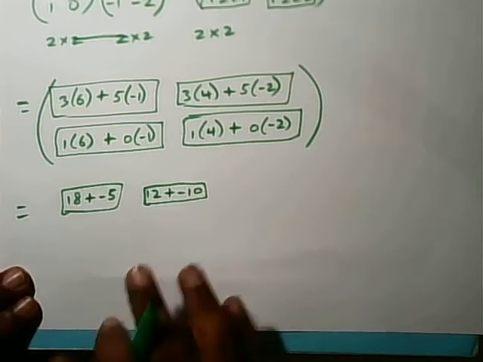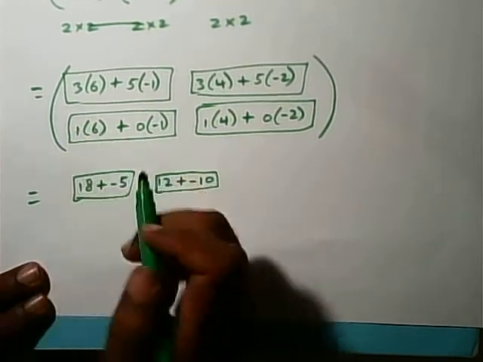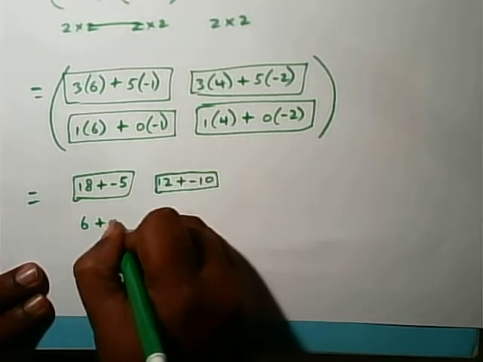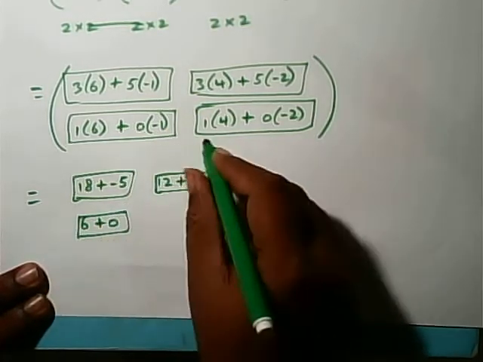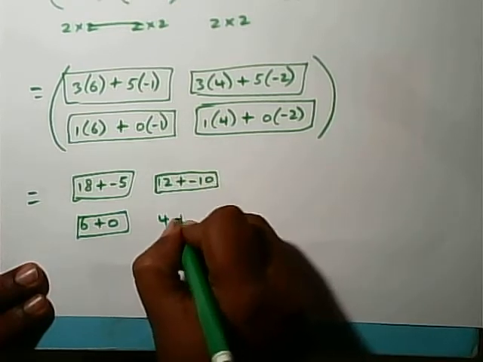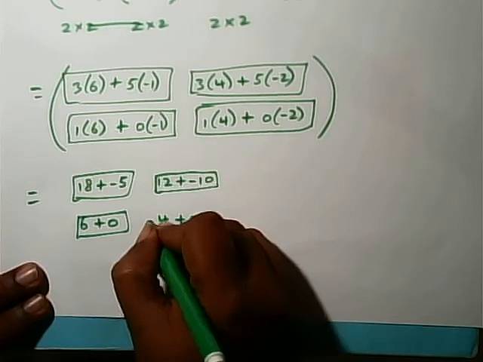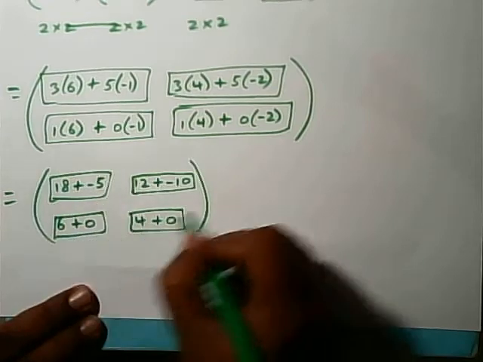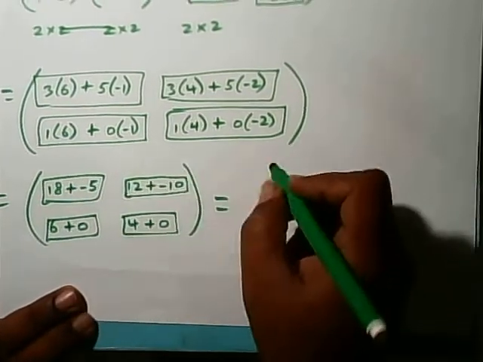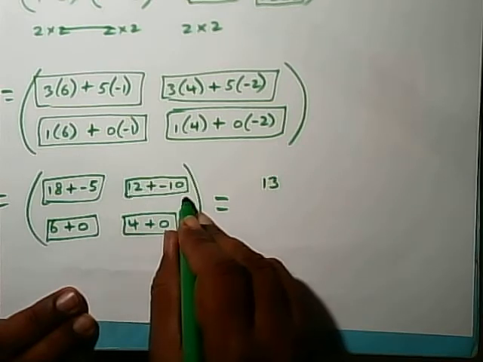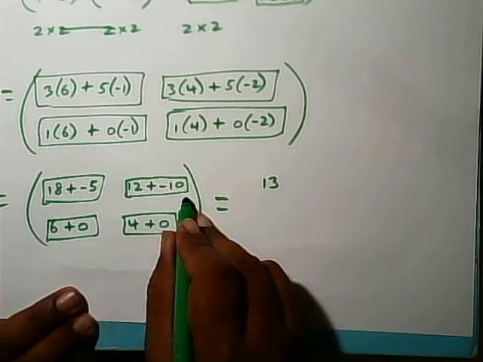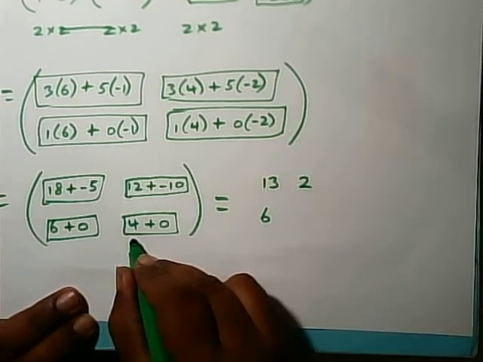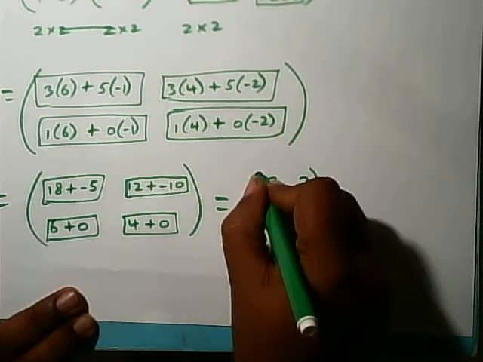That way it's safer. 1 times 6 is 6 plus 0 times something will be just 0. 1 times 4 is 4 plus 0 times minus 2 is 0 again. Good. Here we go. 18 take away 5 will be 13. 12 take away 10 will be 2, 6, 4.